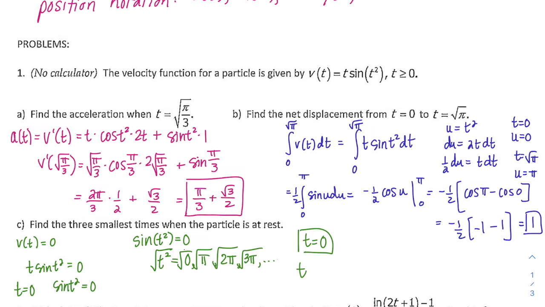So our next time values would be radical pi and radical 2 pi. I'm not going in the negative direction because if you look at the top of the question, t has to be greater than or equal to 0. So the time values when this particle is at rest, when the velocity is equal to 0, are 0, radical pi, radical 2 pi.